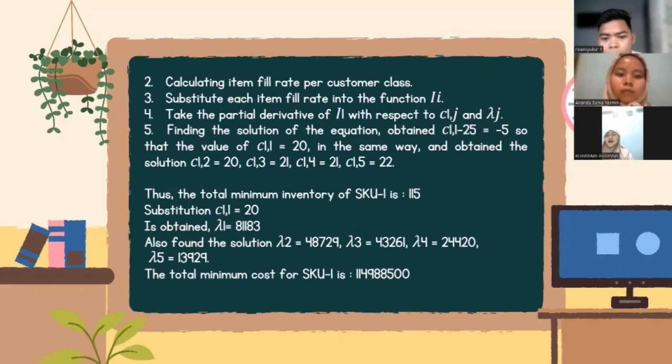In the same way, obtain the solution C2 equals 20, C3 equals 21, C4 equals 21, C5 equals 22. Thus, the total minimum inventory of SKU 1 is 115.